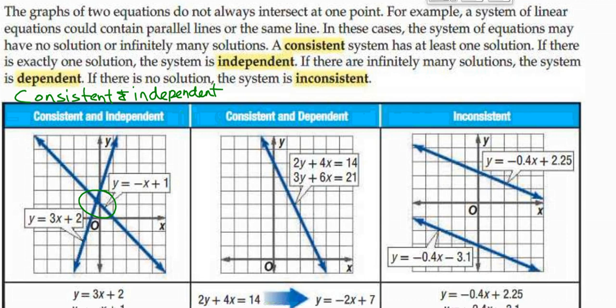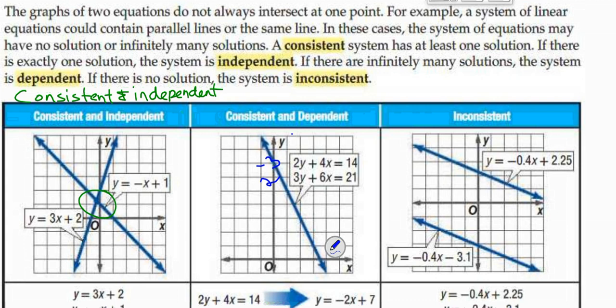Then the other things that can happen, and we have examples of this, is it can be consistent and dependent, and what happens then is both variables drop out. So just look at this a minute. Imagine if I wanted to get the x's to drop out. Do you agree I could multiply this by -3 and this by 2, right? You don't have to do it, but just watch.